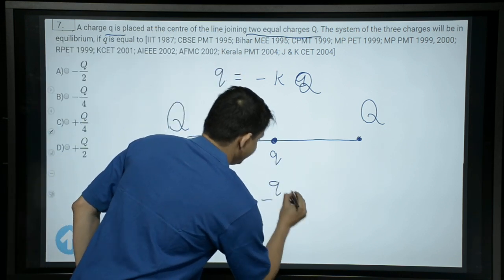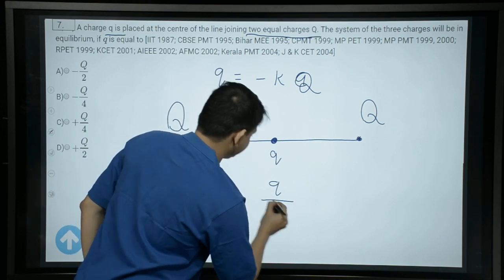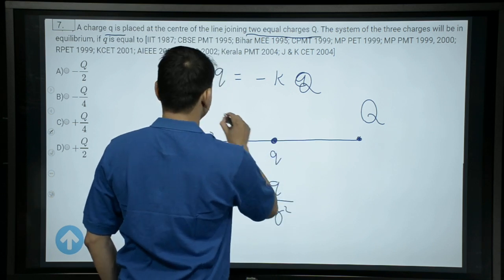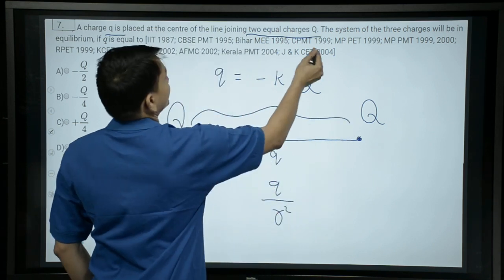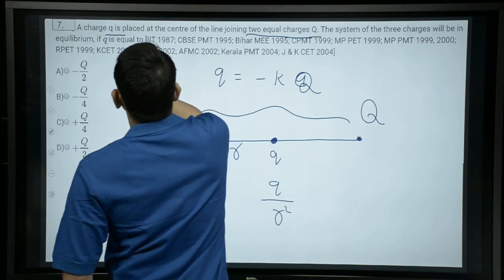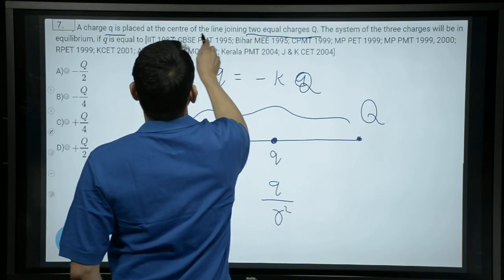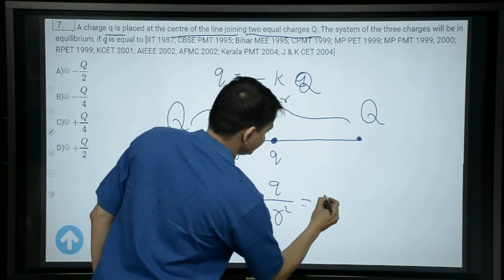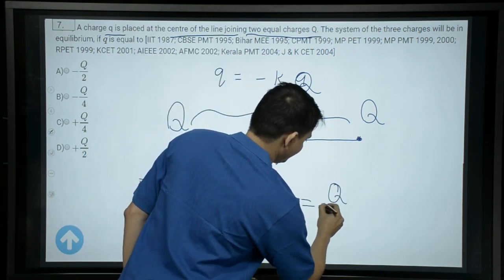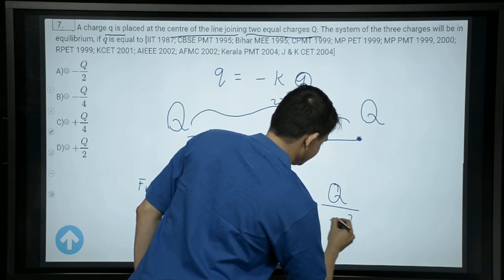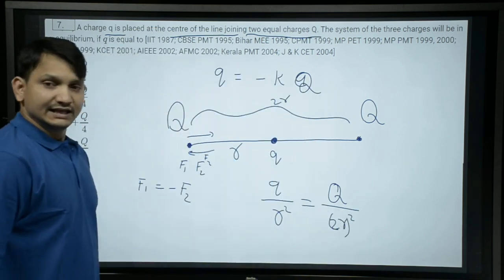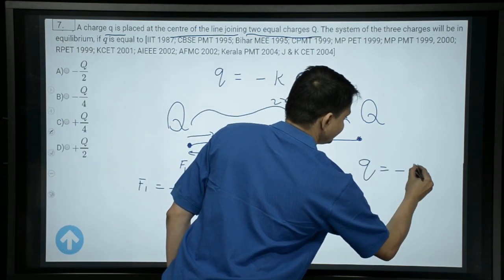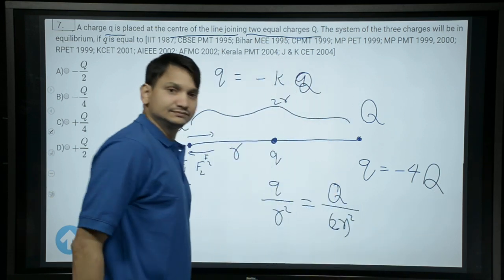So we will see F by R square, let's say this is R, and it says at the center of the line joining, right? So this would be 2R. So Q by 2R square. So can you say by that Q equals to minus 4 capital Q?